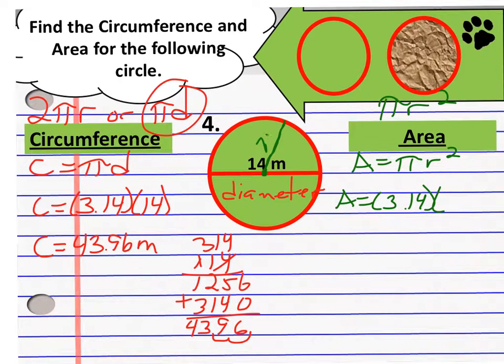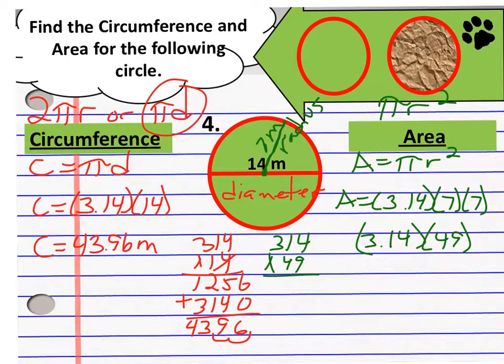That would be 7 meters, and label the radius. So we're going to use the 7 times itself. 7 times 7, I know, is 49. So this is 3.14 times 49. Let's get over here in the middle and multiply it out.